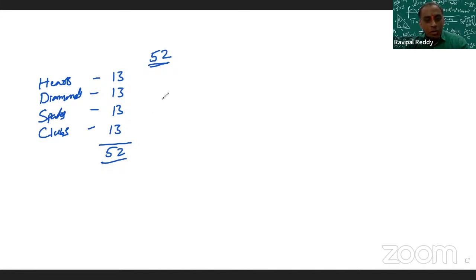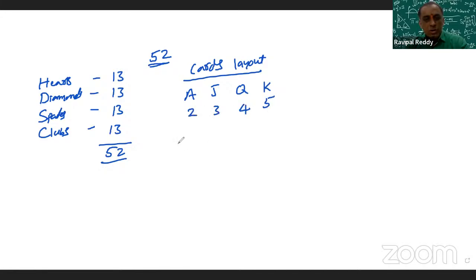Okay. Then what are they? Cards layout. Each suit has 13 cards. What are the 13 cards? That is 4 letters: A, J, Q, K, and the numbers 2, 3, 4, 5, 6, 7, 8, 9, and 10.